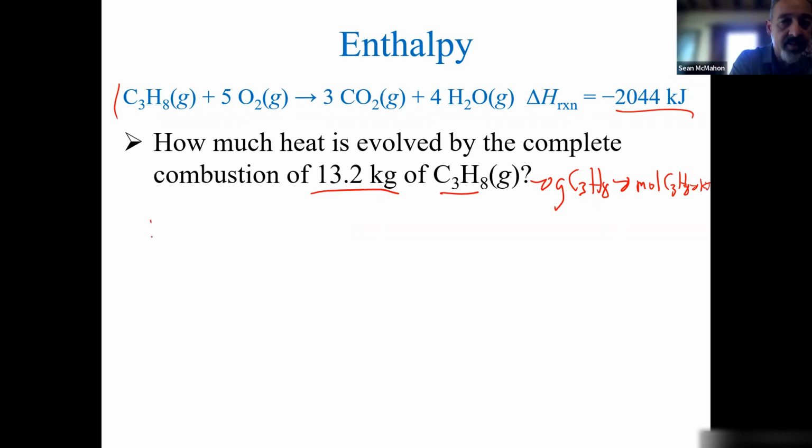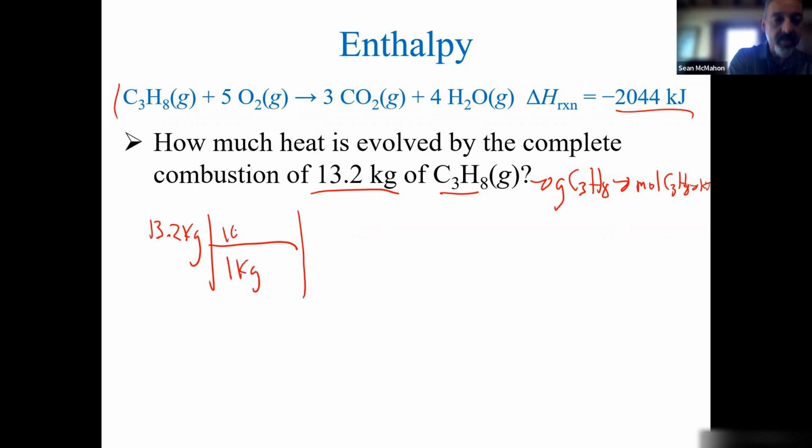So how would I do it? All right, well, 13.2 kilograms. How can I convert kilograms of propane to grams? In 1 kilogram, there's 1,000 grams. Okay. Now what do I need to do? I need to convert grams of propane into moles of propane.